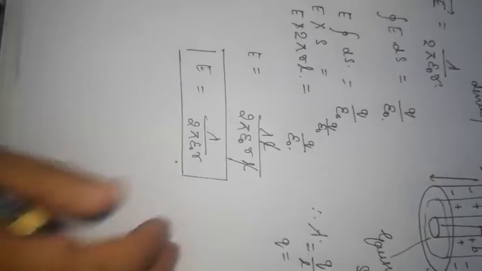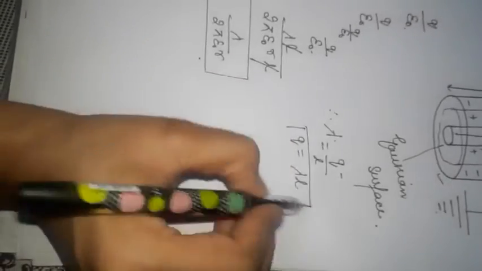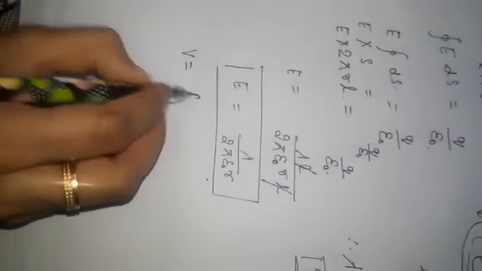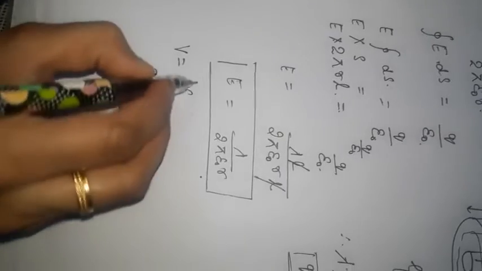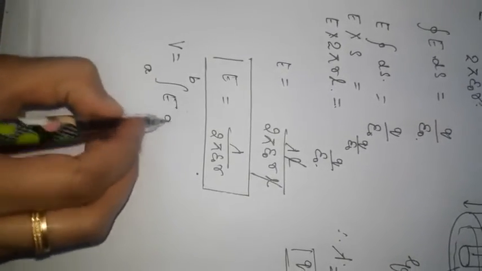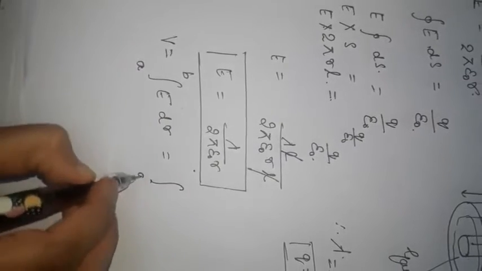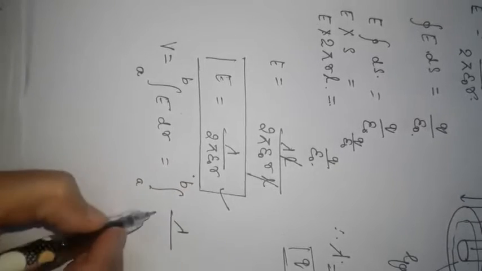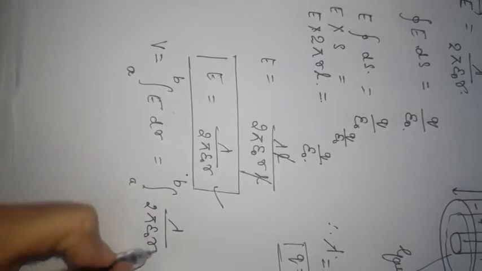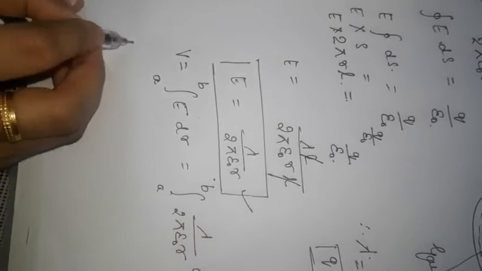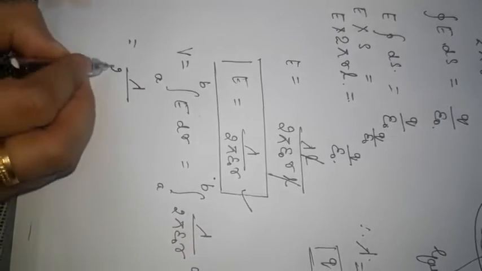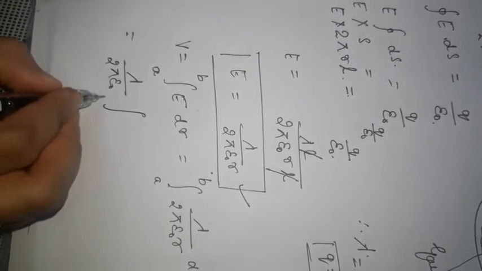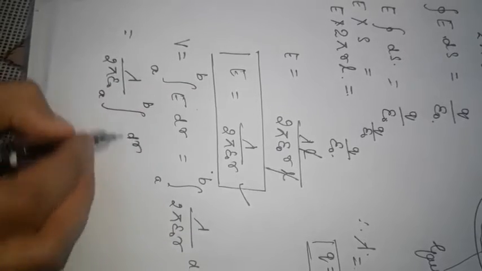Now the charge on the capacitor Q equals lambda L. So the potential difference between the cylinders, V, as we know, is the integral from a to b of E dr. We put the value of E from here, lambda over 2 pi epsilon naught r dr. So we take lambda over 2 pi epsilon naught outside and integrate dr over r.